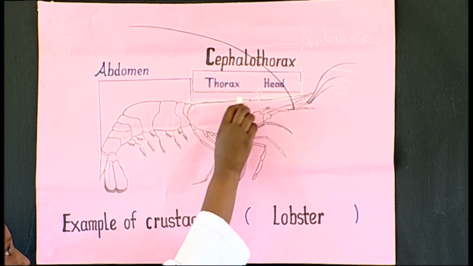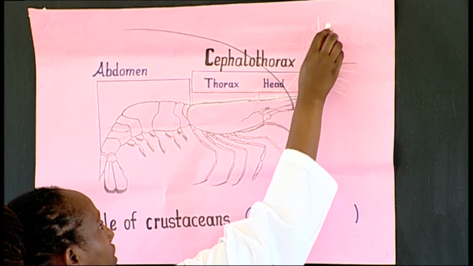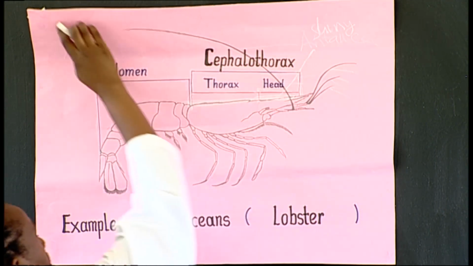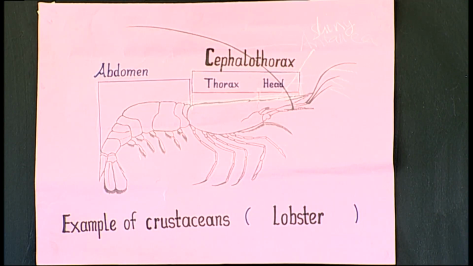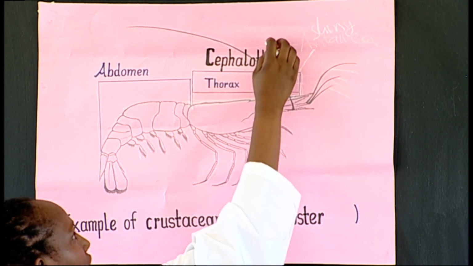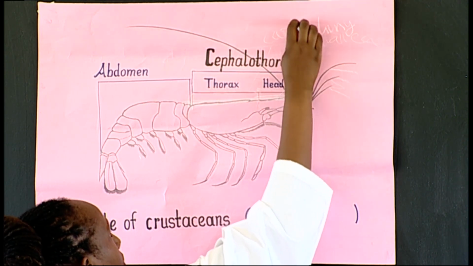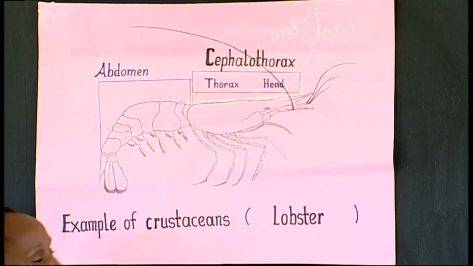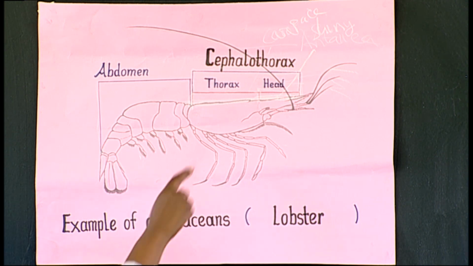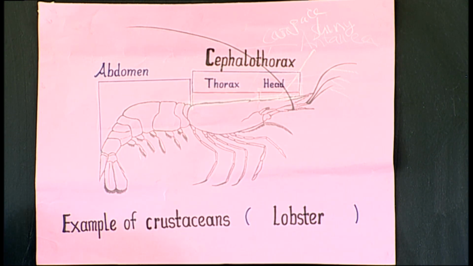That shiny coat, the general term we say is carapace. So that is the term given to the shiny coat that covers the cephalothorax. Very shiny, all right, and hard, as we said at the start.